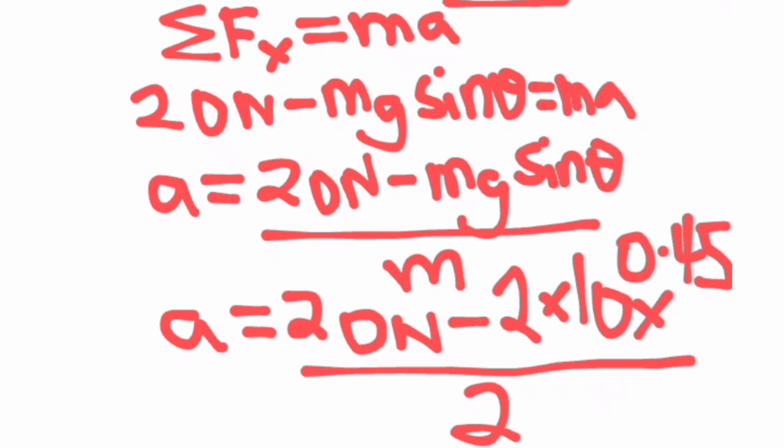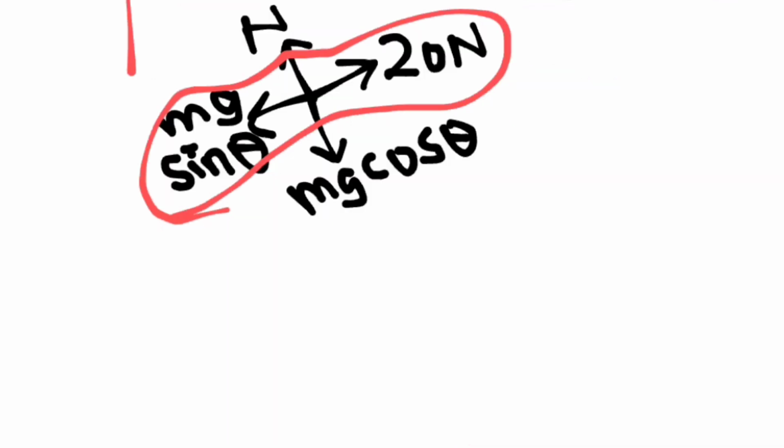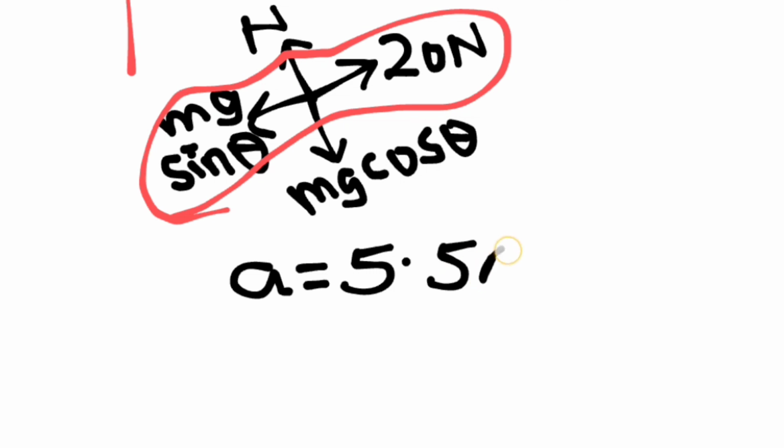Now we can get the answer, because 20 Newton minus 2 times 10 is 20, 20 times 0.45 is 9. So we can do 20 Newton minus 9 Newton, divided by 2. We didn't use the units here for making it simple, okay?